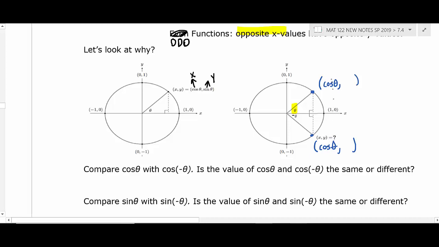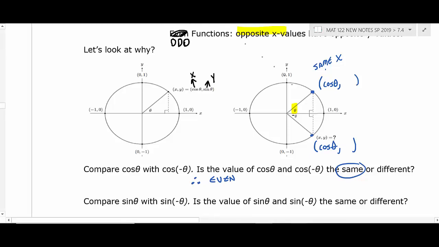That's why it's an even function: the opposite angle, you still get the same x value. That's the key thing. My question here is, is the value of the cosine and cosine negative theta the same or different? They're the same, therefore you have an even function. That's what that diagram is showing.